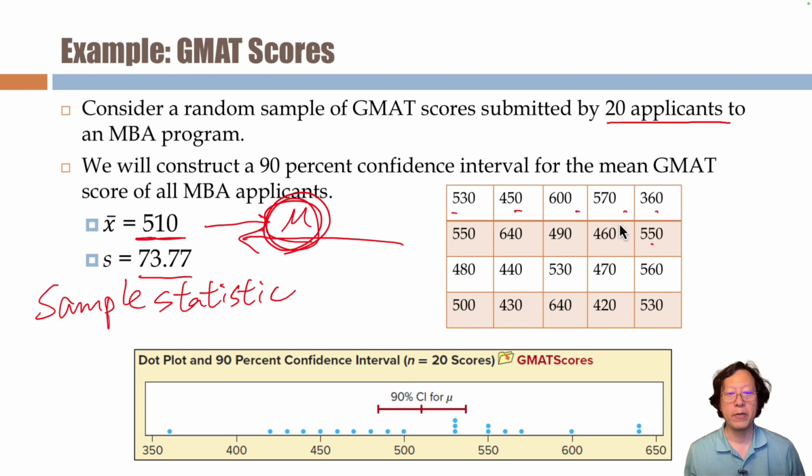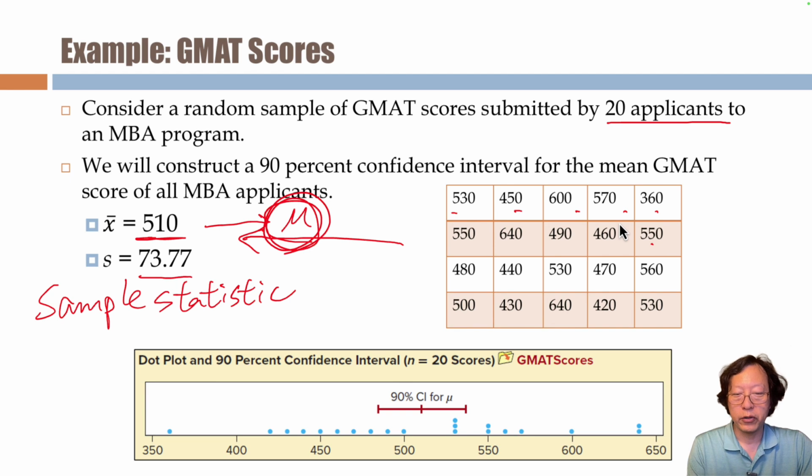If we keep creating this confidence interval, 90% of the confidence intervals will contain the real population mean.